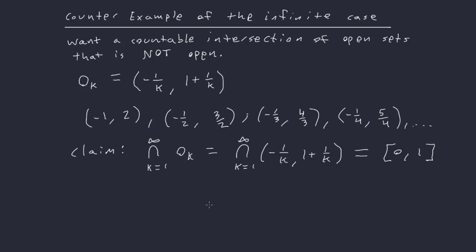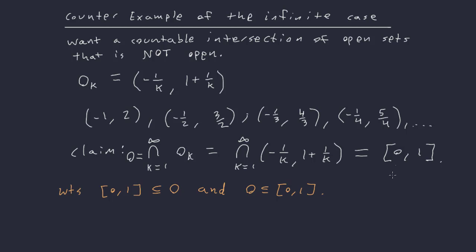Okay, so the first direction is probably not too bad. I want to show that the closed interval 0 to 1, and I'm going to call the intersection capital O again, just to save myself some headache, is contained in O, and O is contained in 0 to 1.